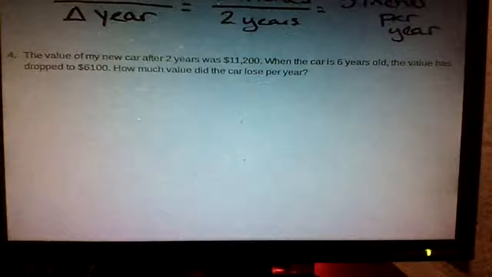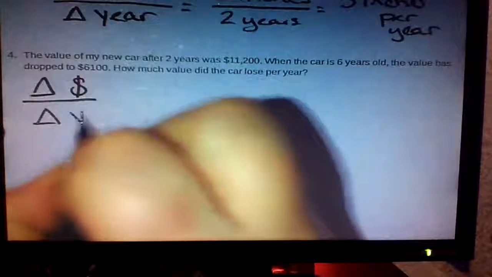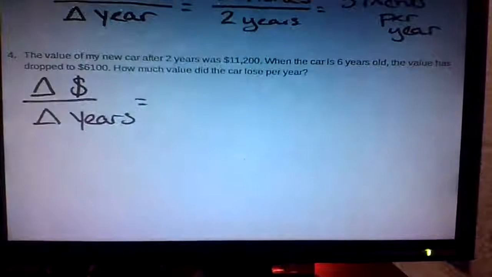Okay, number 4. The value of my new car after 2 years was $11,200. When the car is 6 years old, the value has dropped to $6,100. How much value did the car lose per year? What goes on top? Change in money. What goes in the bottom? Change in years. We started at $11,200.